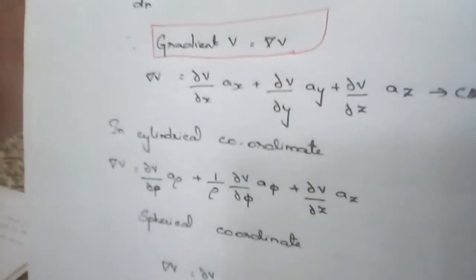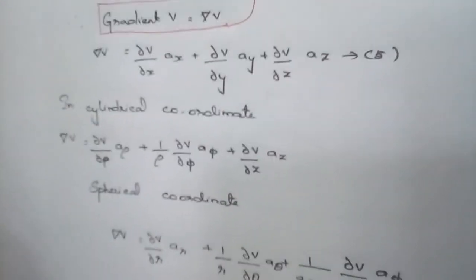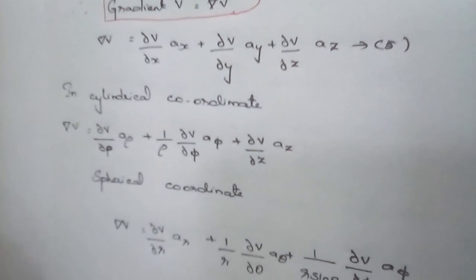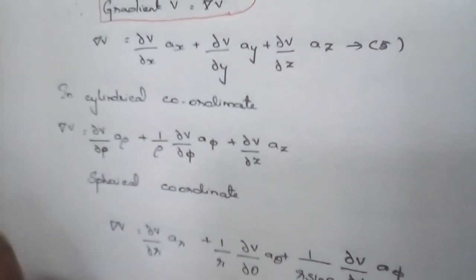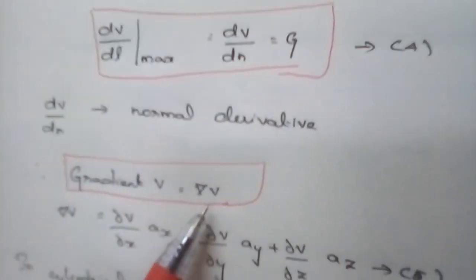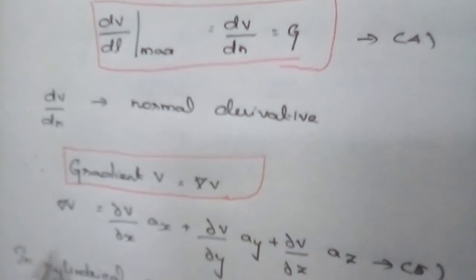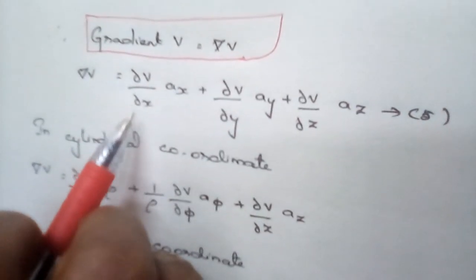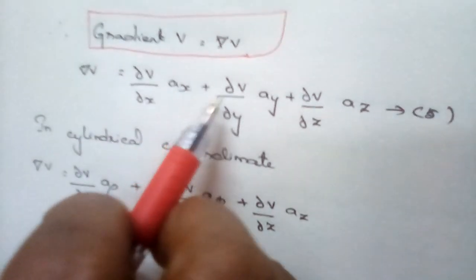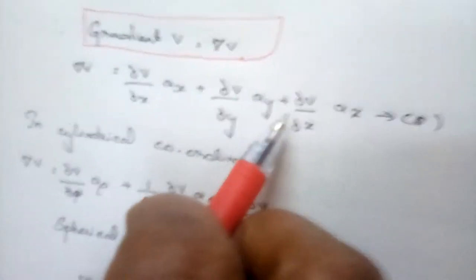The gradient of a scalar, obtained by means of the potential difference between the two points, is a vector which has both direction and magnitude.